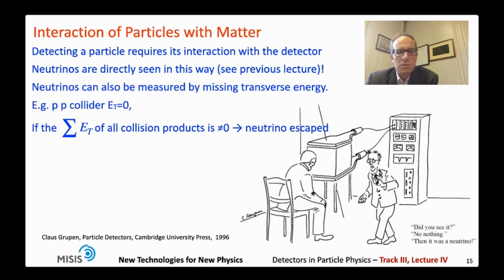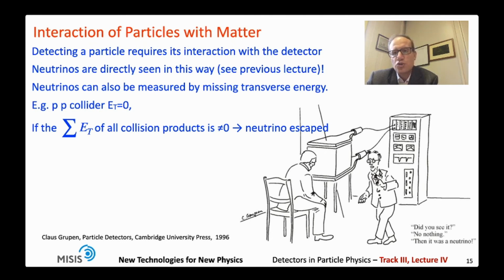So normally, this is an interesting statement, because normally detecting a particle requires its interaction with the detectors, and neutrinos can actually be directly seen in this way, and this has been described in a previous lecture. But neutrinos can also be measured by measuring the missing transverse energy.